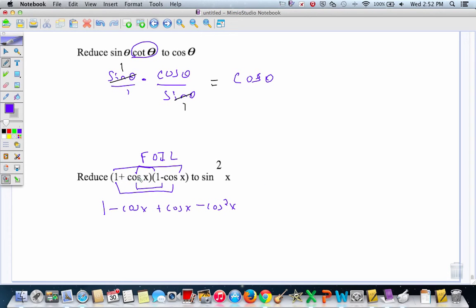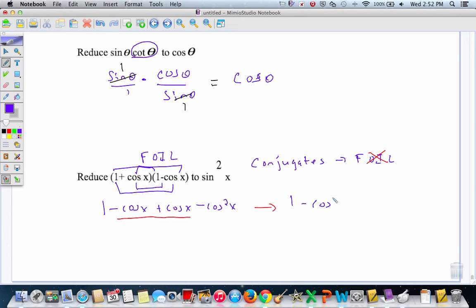There is a shortcut version if you recognize that these two binomials have the same two terms, 1 and cosine, but opposite operations in between. Those are called conjugates. When we multiply conjugates in the FOIL process, we can shortcut it because the outer and inner terms cancel each other out, so we can just do first and last. Here I have a negative cosine and a positive cosine.